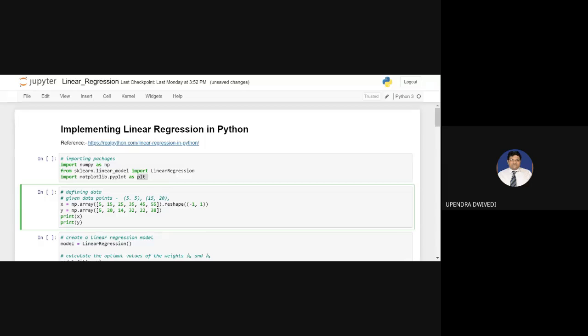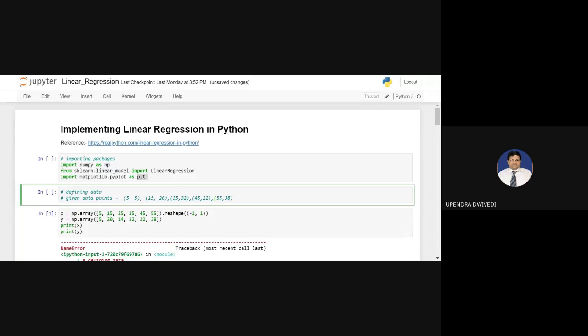The next data point is 35 comma 32. The next data point is 45 comma 22, and the next data point is 55 comma 38. Okay, so these are our given data points.